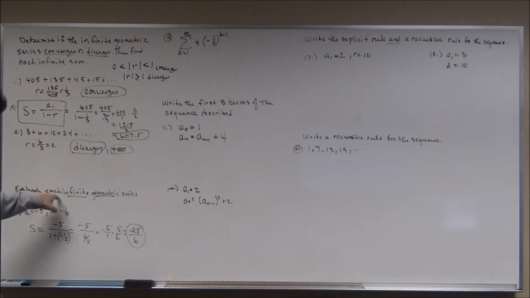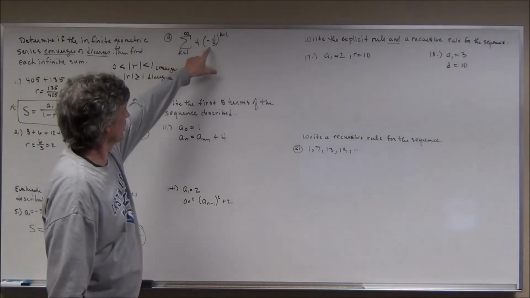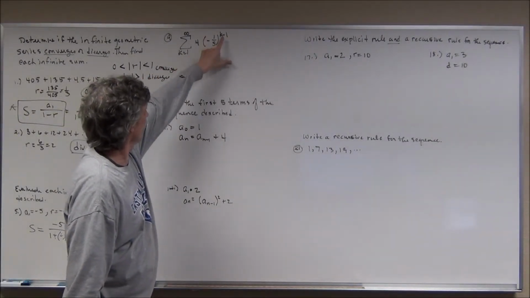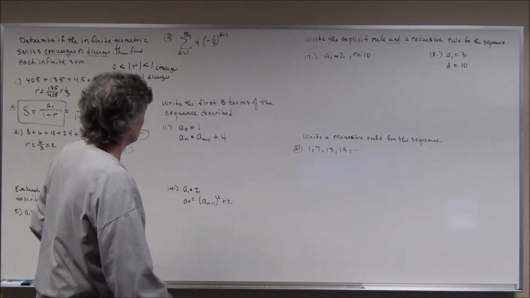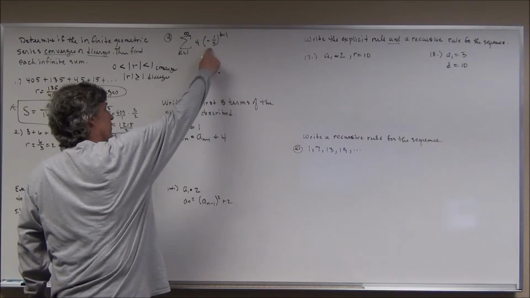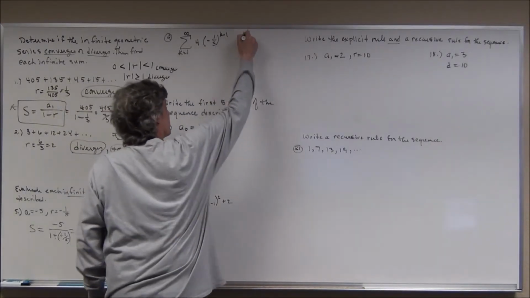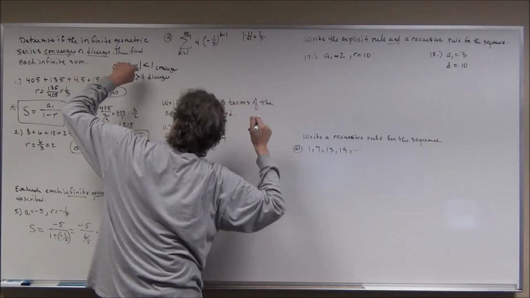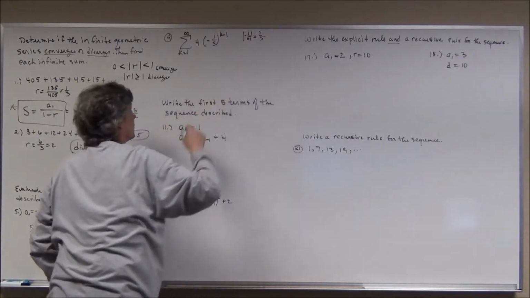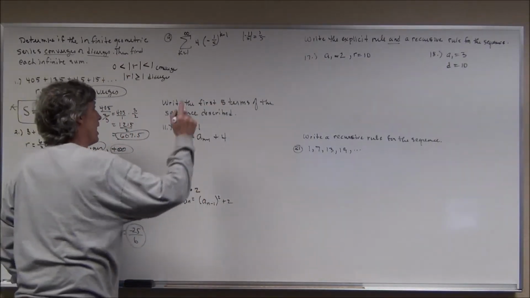I'm going to do the same thing here. Now look, this is what's being raised to the power in this summation notation. That's what makes it geometric. And look, the absolute value of negative 1/5 is 1/5, and that is between 0 and 1. So this thing converges and it has a sum. Now, I need the first term.